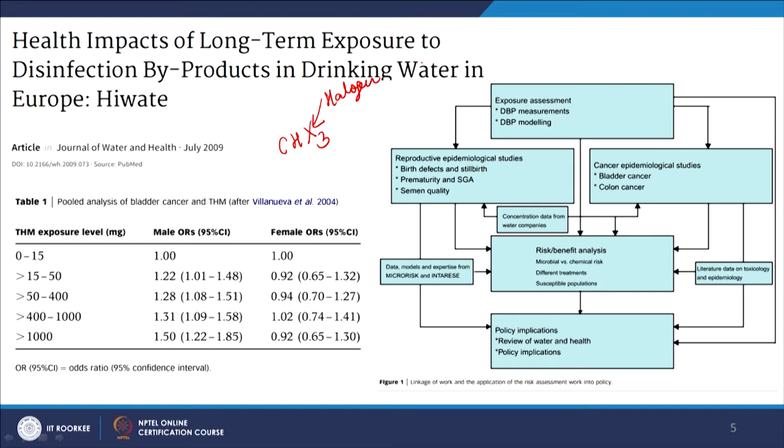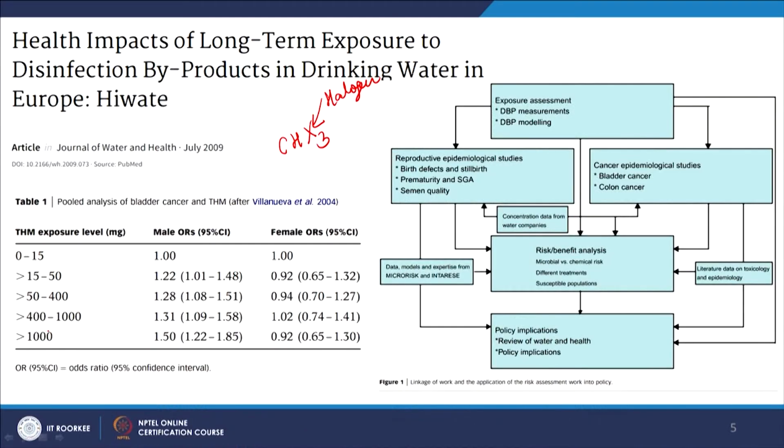Now why would they be interested in that? Because the presence of disinfection byproducts in drinking water, which is definitely an environmental problem, is very strongly correlated with bladder cancer. So we want to understand how exposure to drinking water with high DBPs, high THM, will result in bladder cancer.